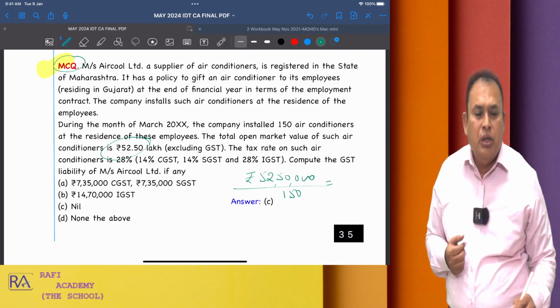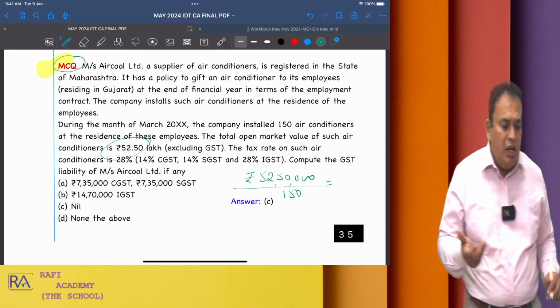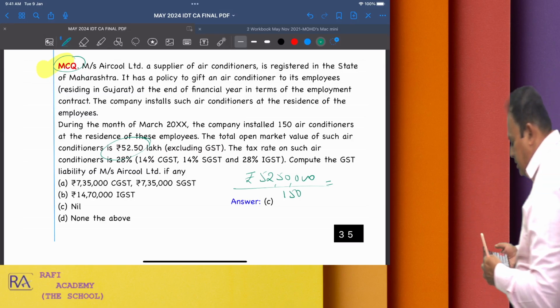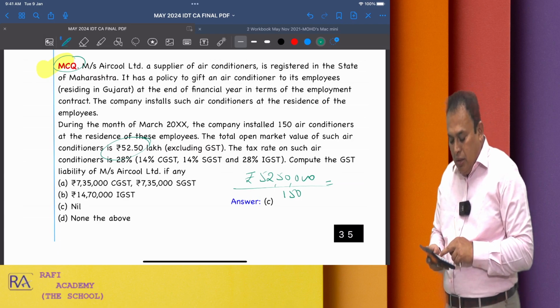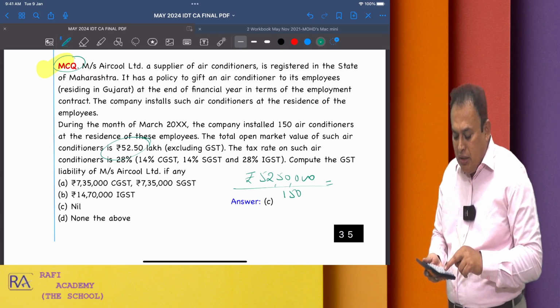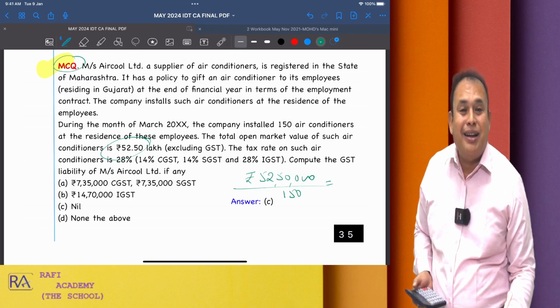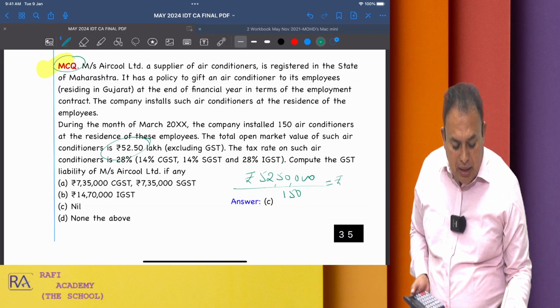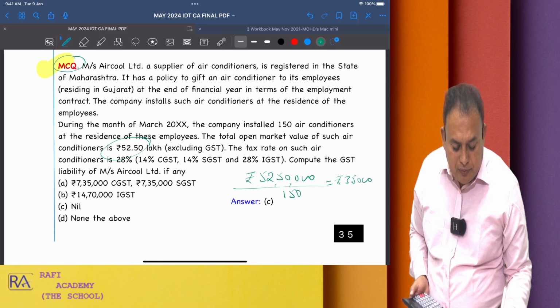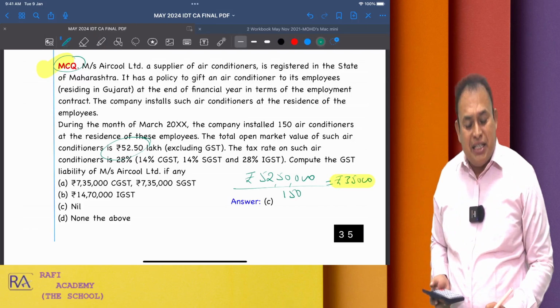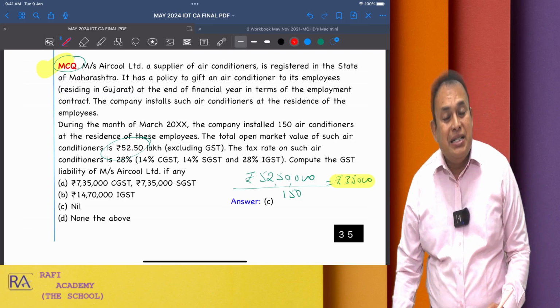The value per air conditioner is 52,50,000 divided by 150, which comes to rupees 35,000. 35,000 per air conditioner, which is given as a gift to its employees.